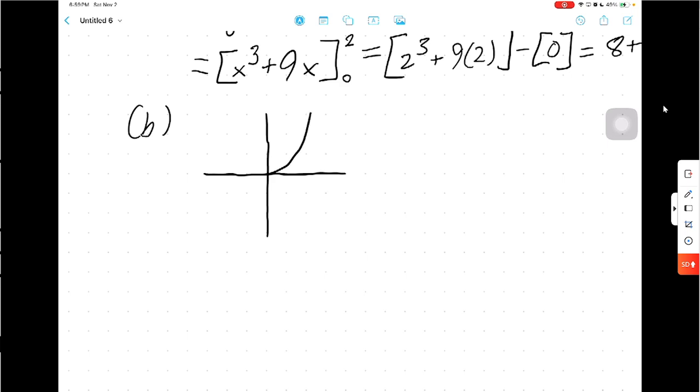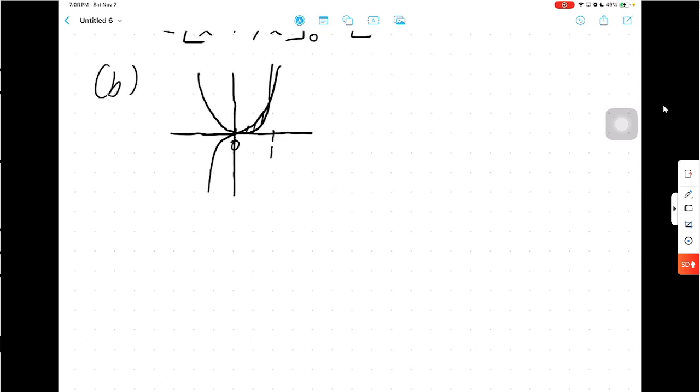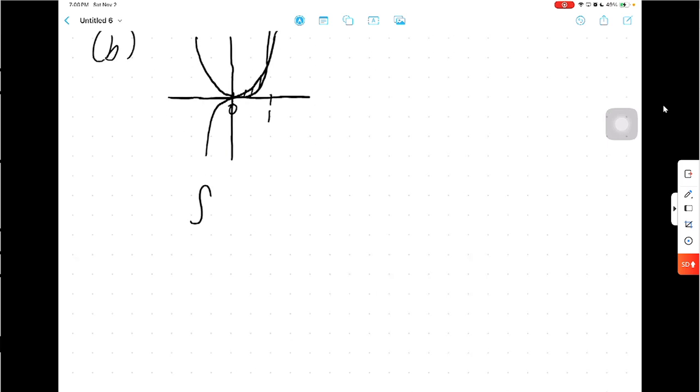Okay, so y equals x squared does something like this, and then the cube will do something like this. So this is the region we want, between 0 and 1. That's the x, and then y goes from x cubed to x squared.